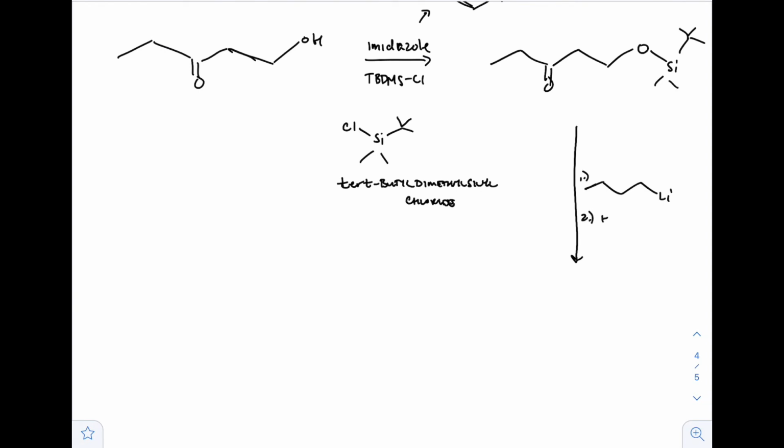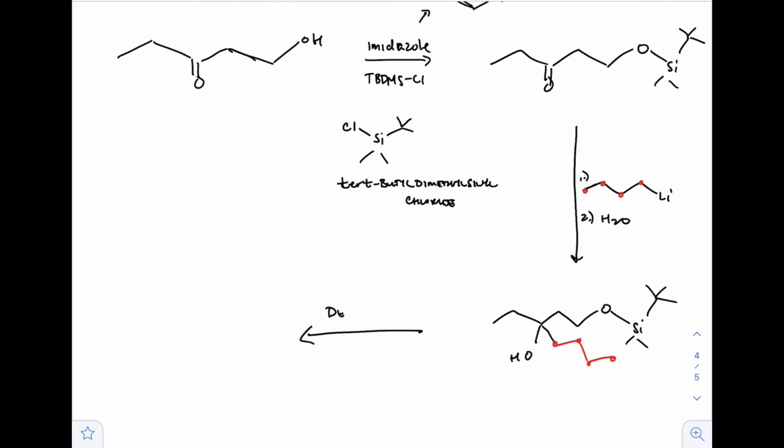Now, this guy is not susceptible to reacting with base or strong nucleophiles. So the butyl lithium in this case will attack selectively the carbonyl group. Okay, and so that's what's happening. I'm not going to draw the second step where we protonate it. I'm just going to go straight to the product.